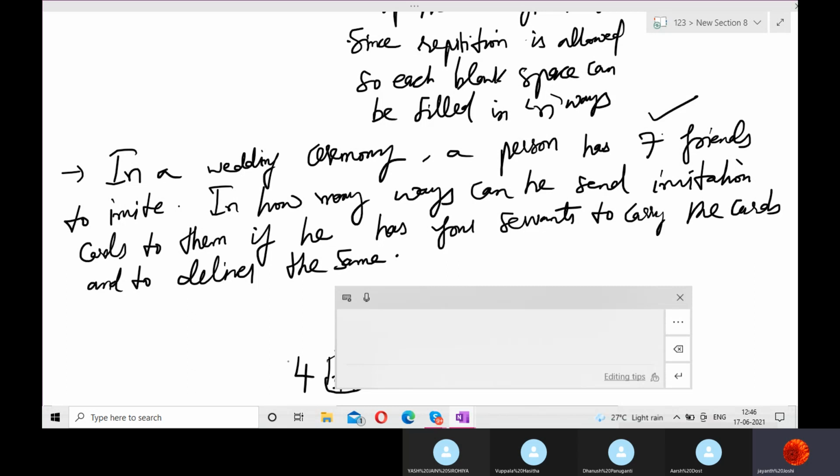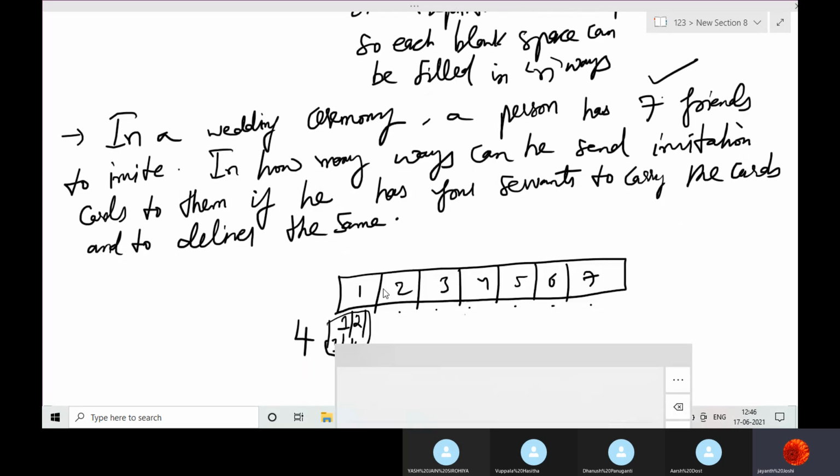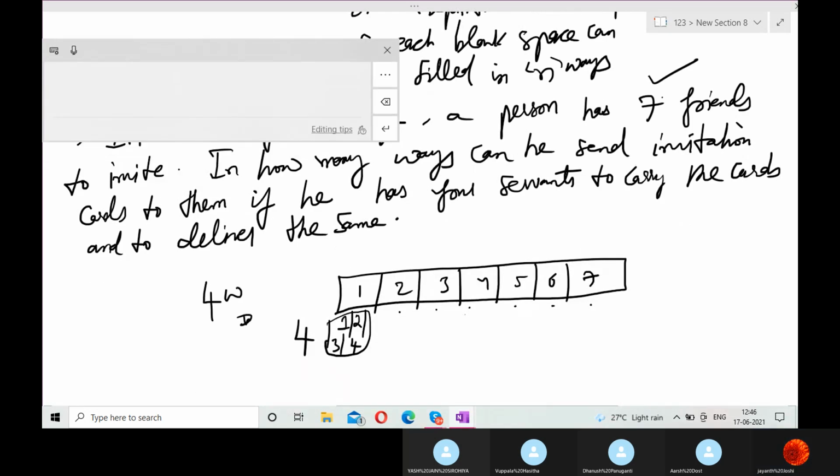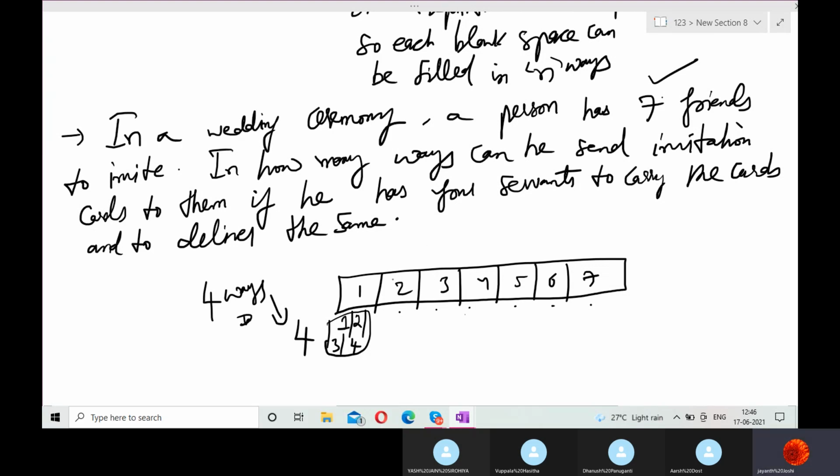Correct. So how many ways can the card be sent to the first friend? 4 ways. See, 4 ways the card can be sent here. So this friend also 4 ways. This friend 4 ways. So what is the formula I gave you? N power R. So who is repeating here all the times?